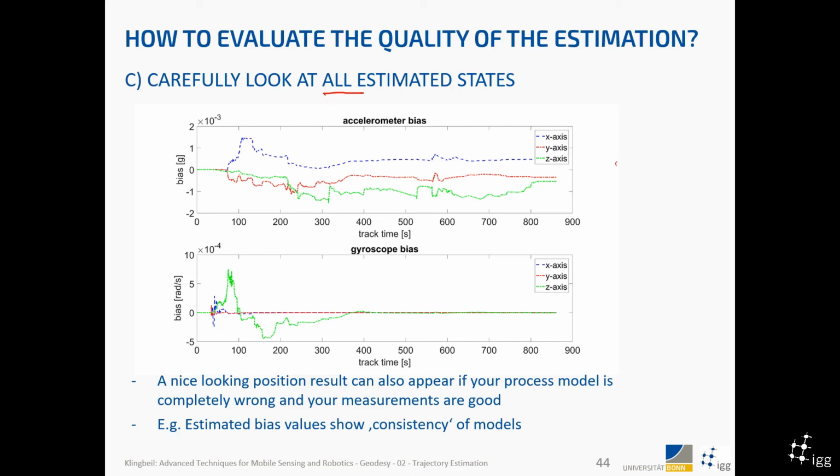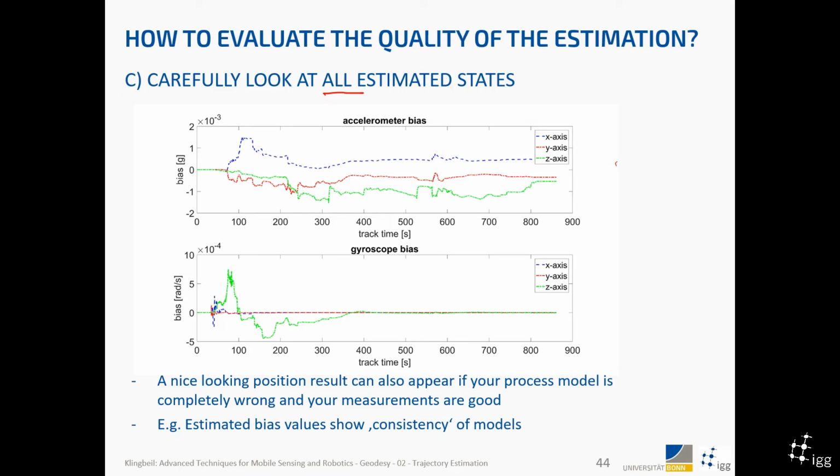So if we see something like this here, very fast changing accelerometer biases, then this may be an indicator that there's something wrong. Usually this means that there are differences between predicted measurements, the prediction and observation, which then are somehow absorbed by the accelerometer bias estimation. So this is a good indicator if this is what's happening.